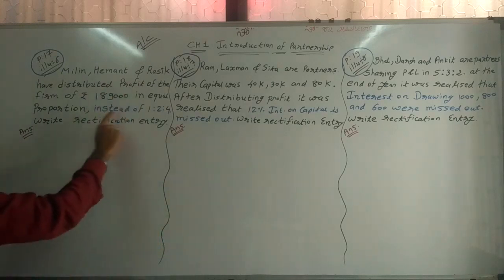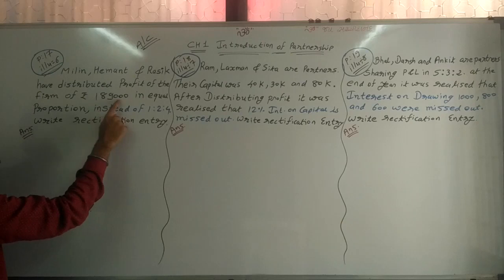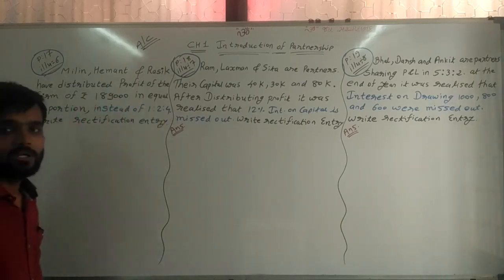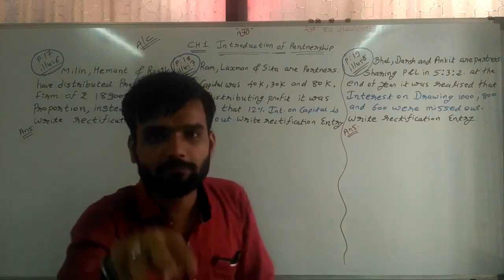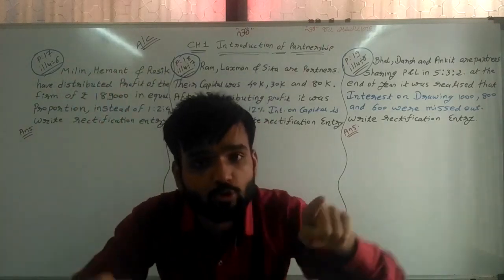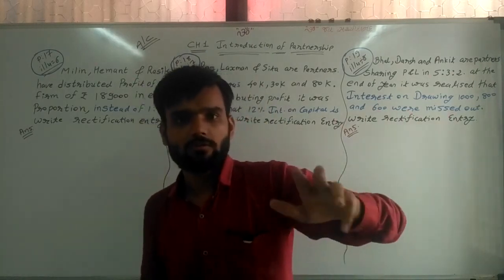They distributed profit of the firm of rupees 1,89,000 in equal proportion. It means these three partners have distributed profit in equal proportion.